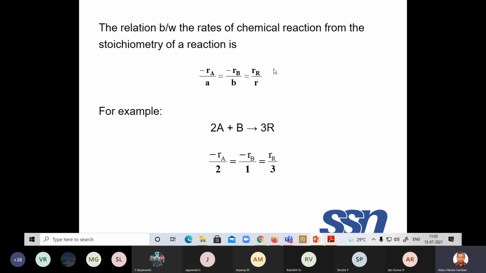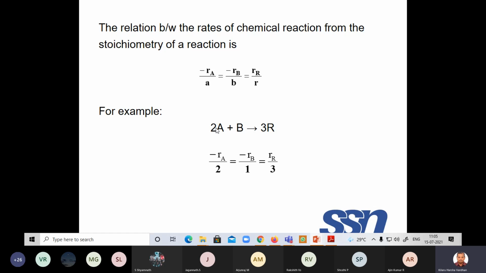So this is the relationship. The rate of disappearance divided by the stoichiometric coefficient should be equal to the rate of disappearance of another compound divided by its stoichiometric coefficient, which is equal to the rate of formation of the product divided by its stoichiometric coefficient.